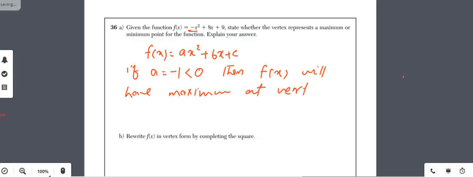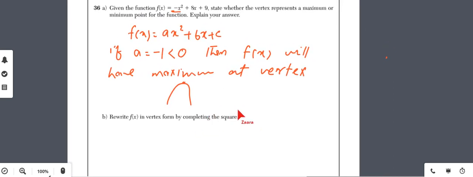So the vertex point will be the maximum point, and the graph will open downward. And if it is greater than 0, then it will open upward and you will get the minimum point at the vertex. Okay.